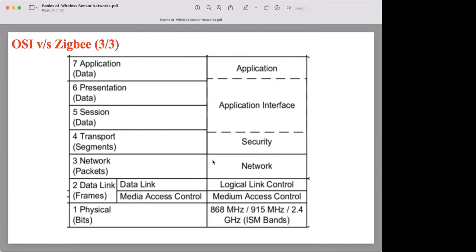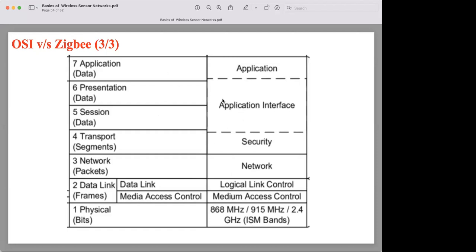After the network layer, they merge the presentation and session layers into what we can call the application interface in ZigBee, and the application layer is there already. The transport layer is some sort of security. So these are the changes between the OSI model and ZigBee. The bottom layers are already fixed because you use 15.4, so you have no control over them.